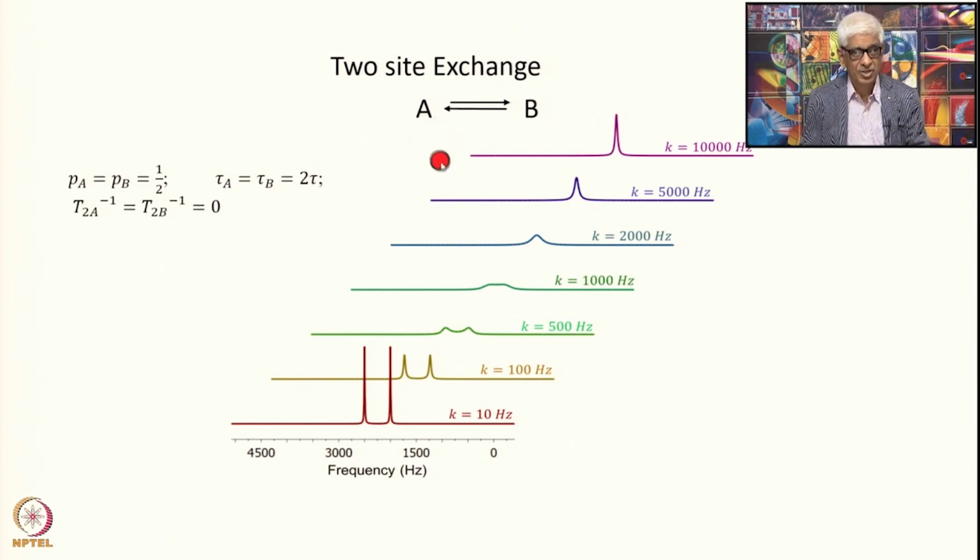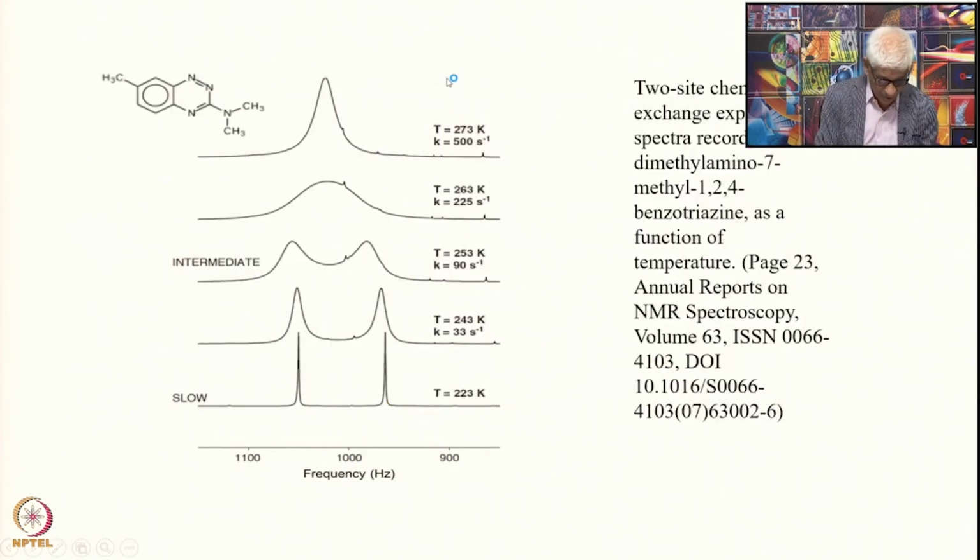Suppose they are of similar energy, they may have similar populations, but there can be a barrier in between, and the barrier will result in different forward and backward rates, and the exchange rate is defined as the sum of these two rates.